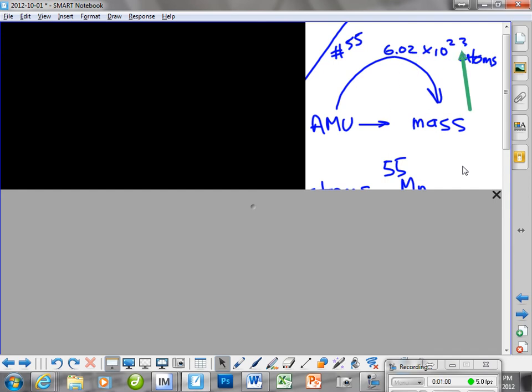That's 1 mole of atoms, and we'll talk about moles later. But if we take our AMUs and multiply by this number, we get the mass. So we can either read the periodic chart as AMUs, or we can read it as mass. Does that make sense?